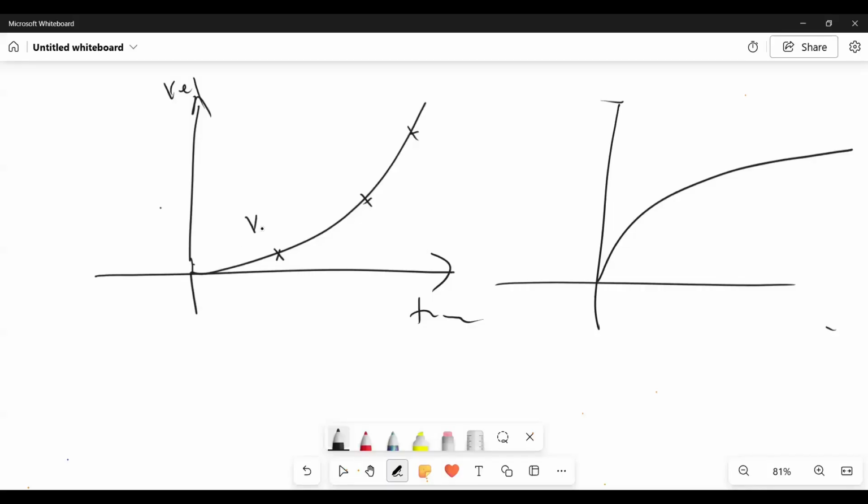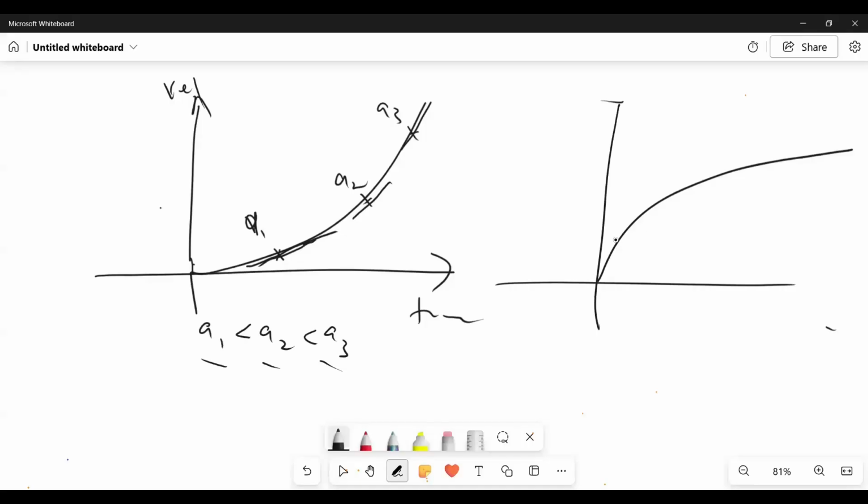So the gradient here, A1, A2, and A3, right? Remember, A1 is the gradient of the tangent here, the gradient of the tangent, the gradient of the tangent. A1 is less than A2 is less than A3, right? So your acceleration is not uniform.